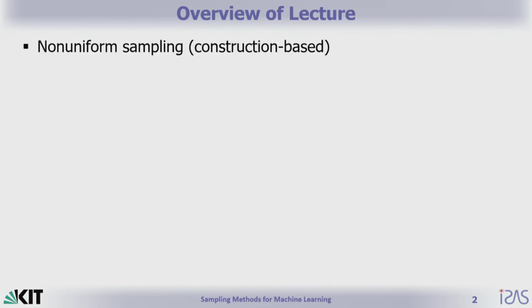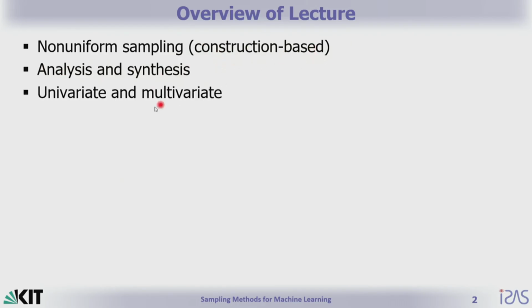So we are in the part of non-uniform sampling and in the construction-based part. We consider analysis and synthesis of this construction-based sampling. And we also consider the univariate case and the multivariate case, where the univariate case is always much, much simpler.